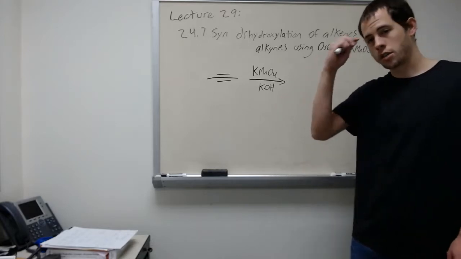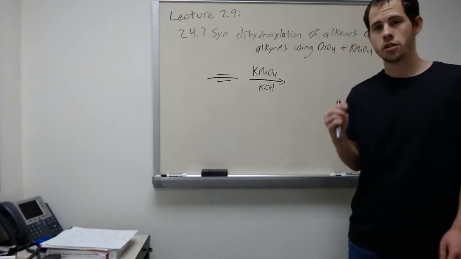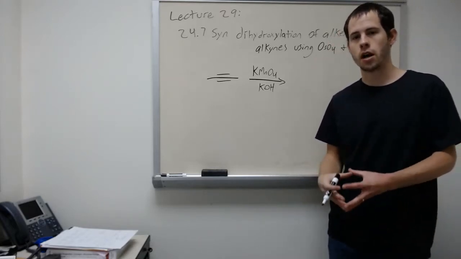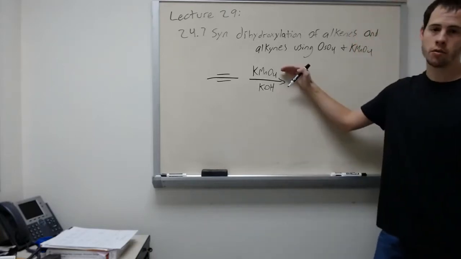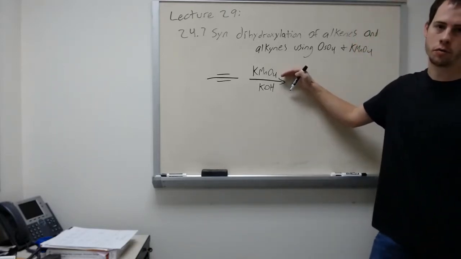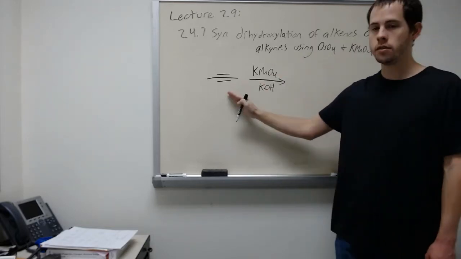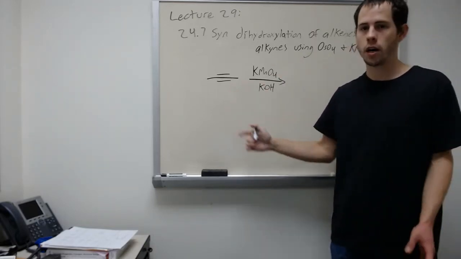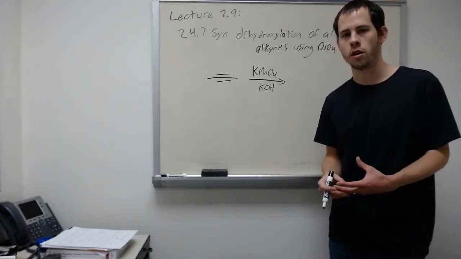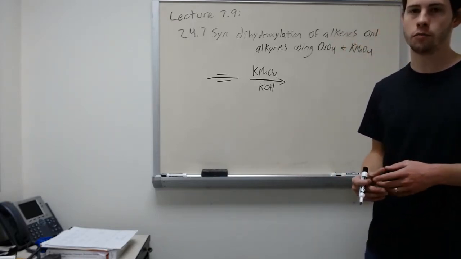Remember that osmium tetroxide is probably your better reagent to use because it's selective for alkenes. Potassium permanganate, we've seen quite a bit this semester, and it can do a variety of reactions. It is required for alkynes to do this reaction though. If an alkyne is your only functional group in your molecule, then you could do this kind of reaction.